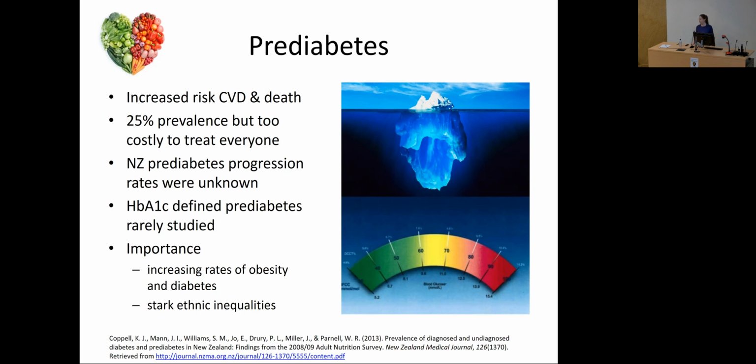So there's very few studies that looked at HbA1c defined pre-diabetes, which is interesting because in New Zealand, that's how we define pre-diabetes and often how we detect diabetes, at least initially.